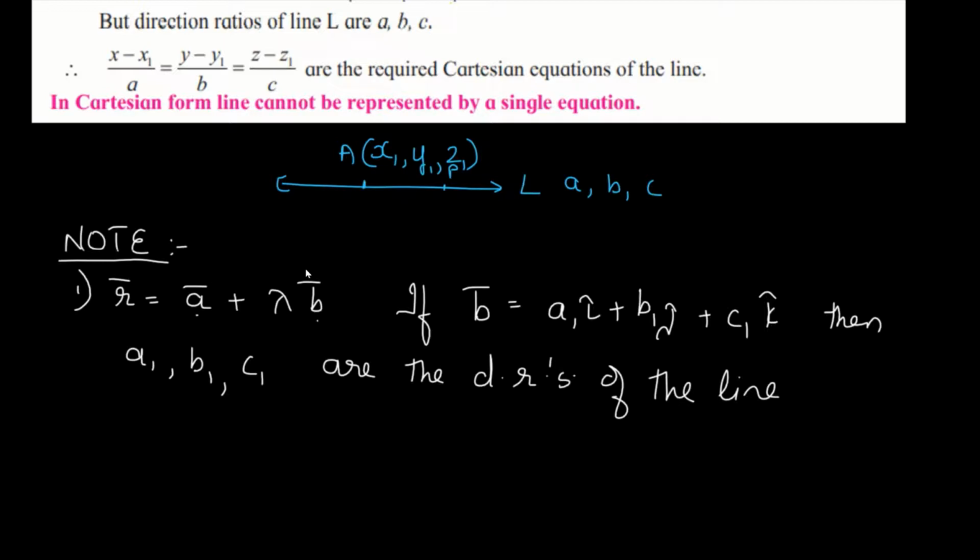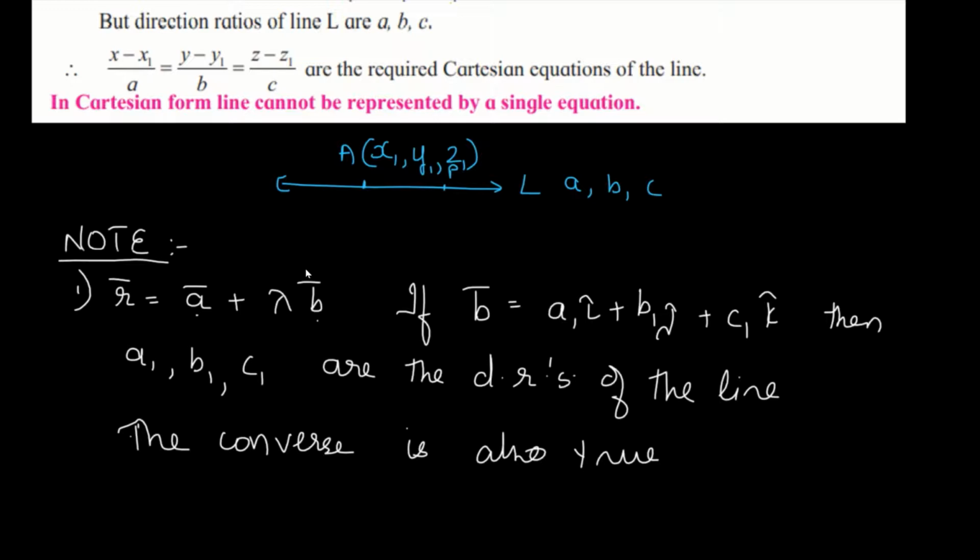And similarly, the converse is also true. What is the converse? Conversely, if a1, b1, c1 are the direction ratios of the line, then we can have the parallel vector to the line as b is equal to a1 i plus b1 j plus c1 k. Remember what the converse is, the reverse.